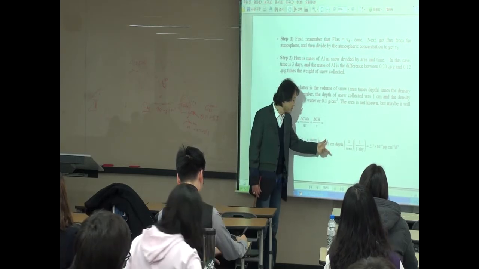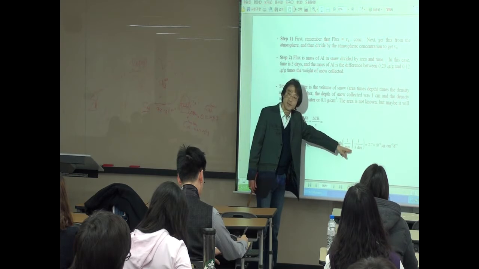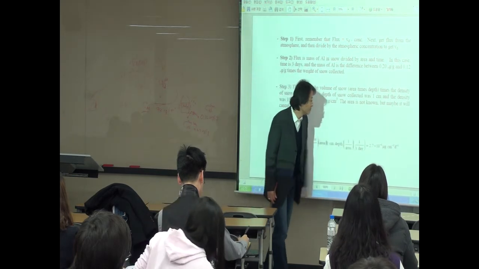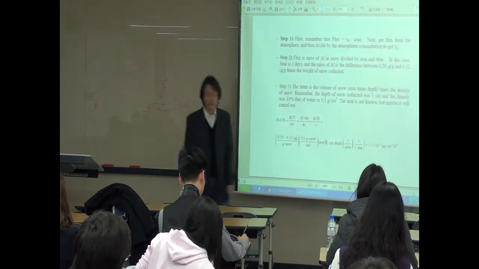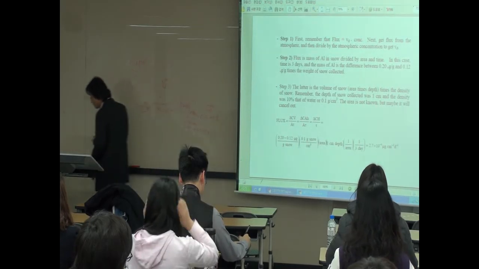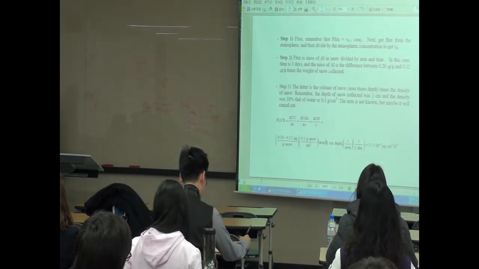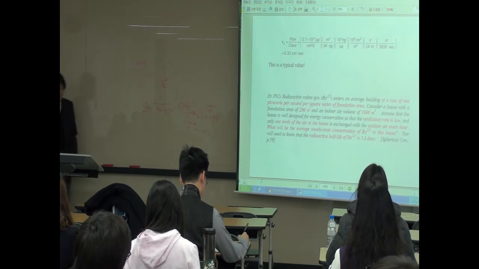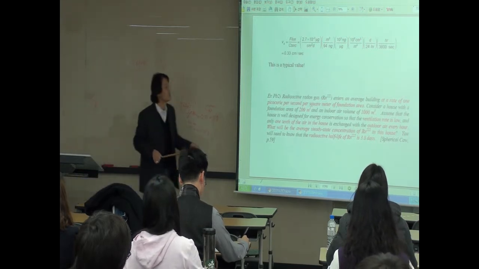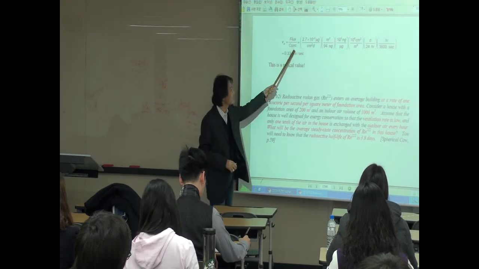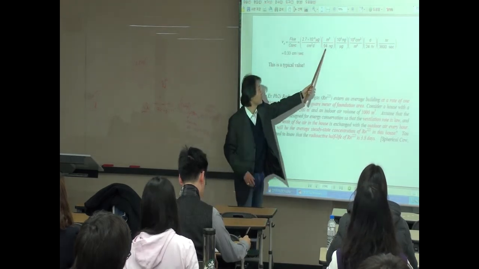And we have the depth of 1 centimeter and the difference of 3 feet. So we can have 2.7 times 10 to the minus 3 microgram. Right. Then flux. We just divide by the concentration of 94 nanogram.